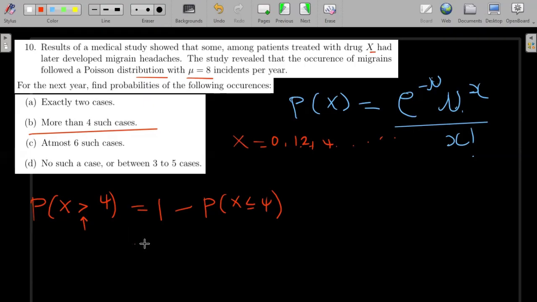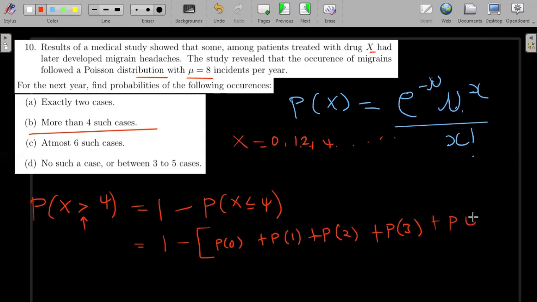So this is the same as 1 minus the probability of 0 plus the probability of 1 plus the probability of 2 plus the probability of 3 plus the probability of 4. So we are subtracting from 1 the probability of all this summation.